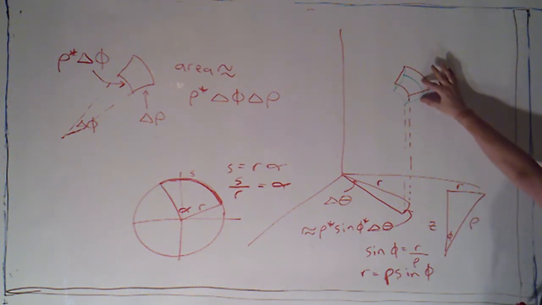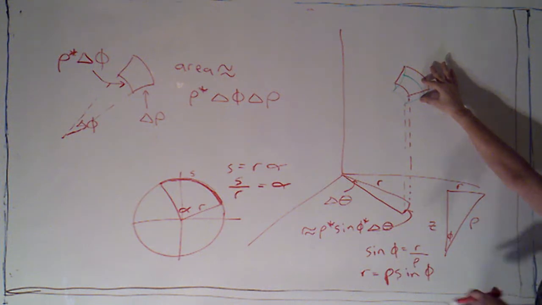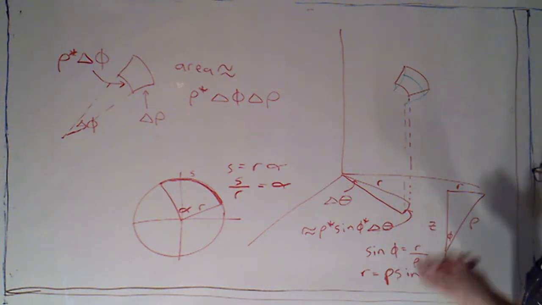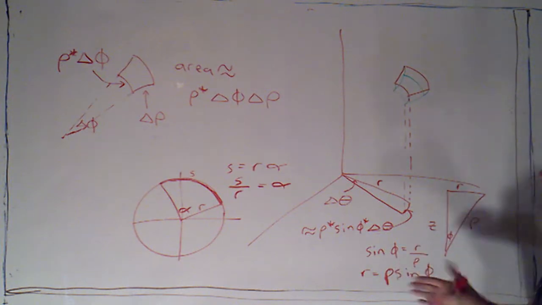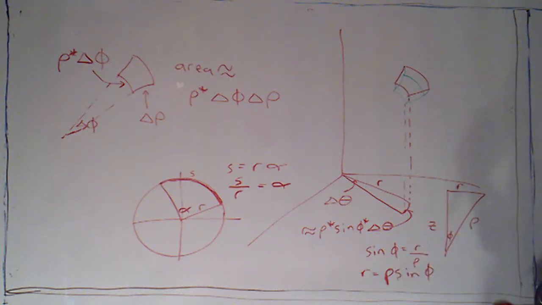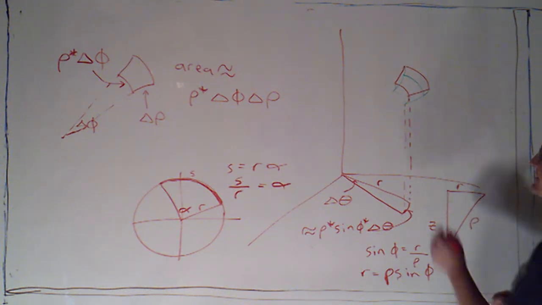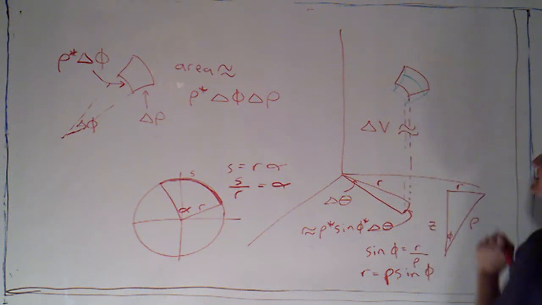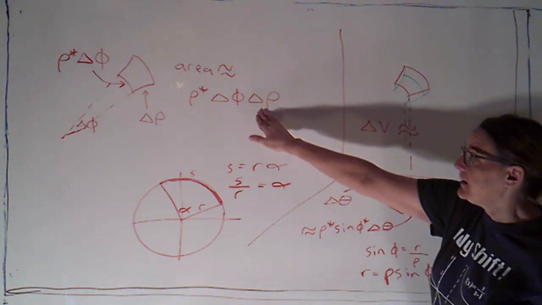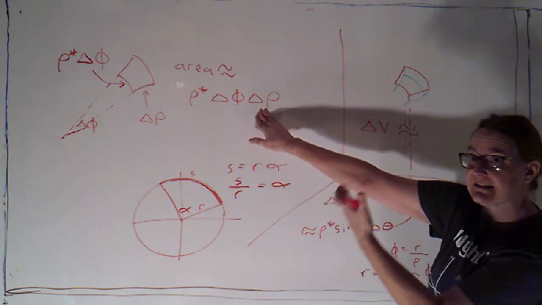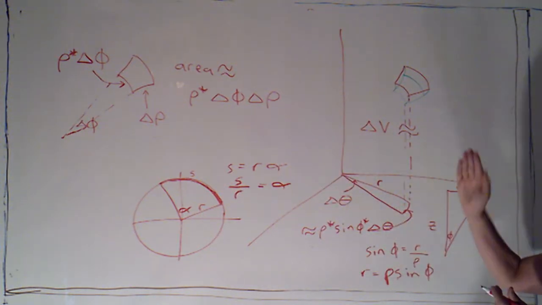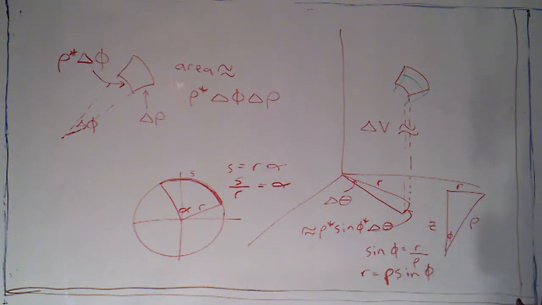So, although this isn't a rectangular box, if I borrow the formula that it's length times width times height, or this dimension times that dimension times that dimension, I can say, okay, I can approximate the volume of this here. I can say that delta V is approximately the area of what I had in a single theta half plane times the distance that I have when I rotate things forward.